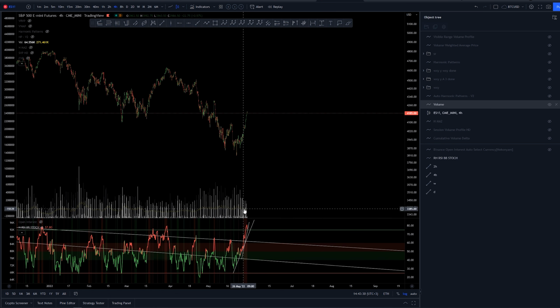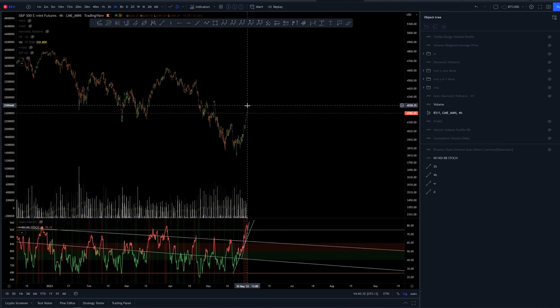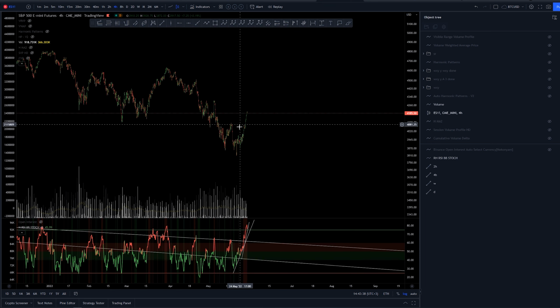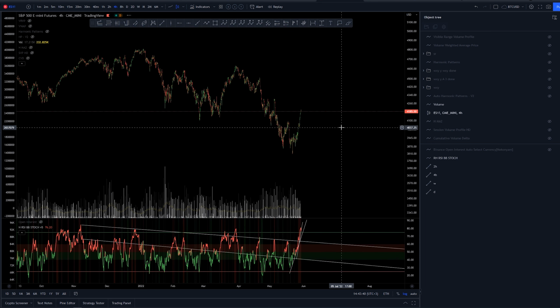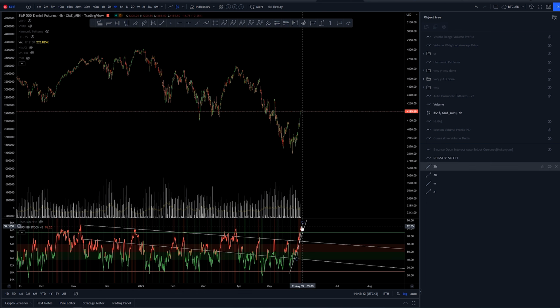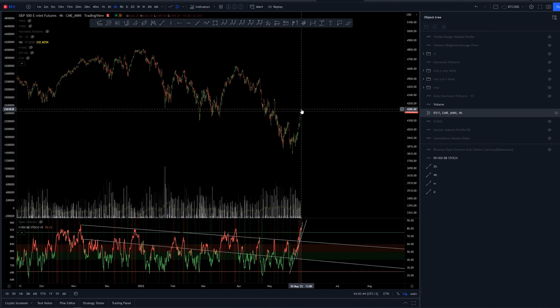That is a divergence between the volume and the price, making this move not really significant in the longer term. This is most likely just a correction phase, right? That is indicating that. Now again, RSI is really high, so we would be looking for at least some kind of sideways movement, if not a dump.